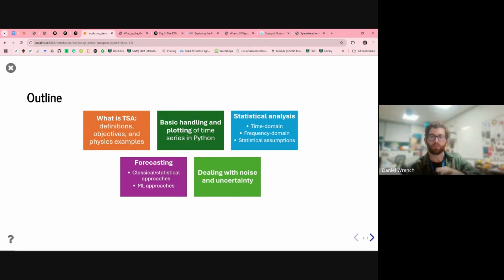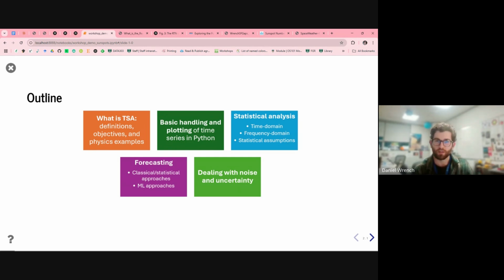So then after setting the stage with some definitions and examples, I'll also work through some code. So we'll use Python and the main packages there to visualize and do some simple analysis of time series. Basically, how do you visualize it effectively to get useful information out of it?